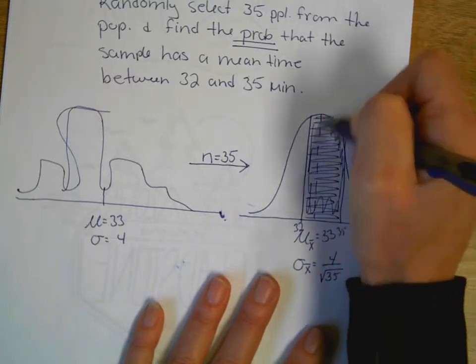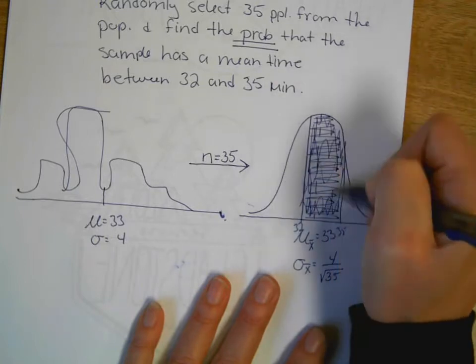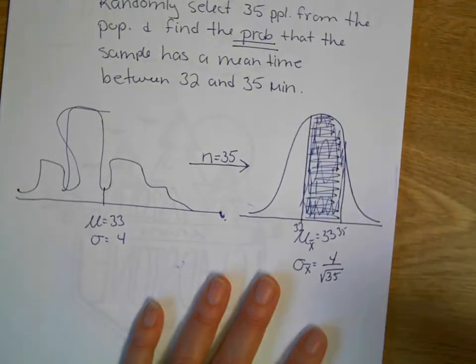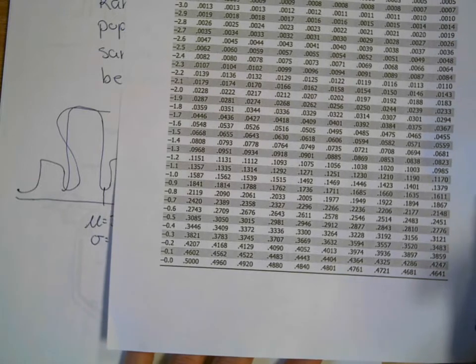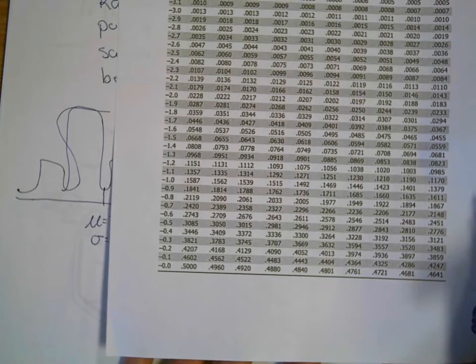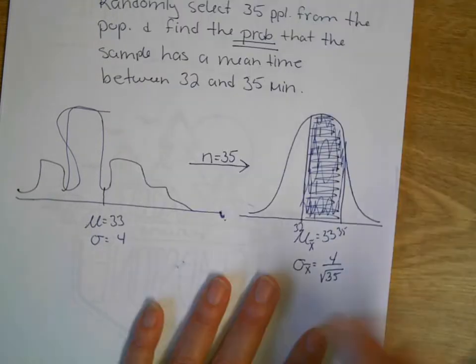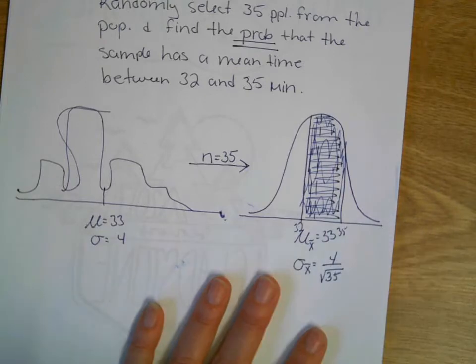Well, how am I going to get this area? Z-scores. You need the Z-scores for those two spots. Then we grab our table, look up those two areas, and then do what with the two areas? Subtract them.